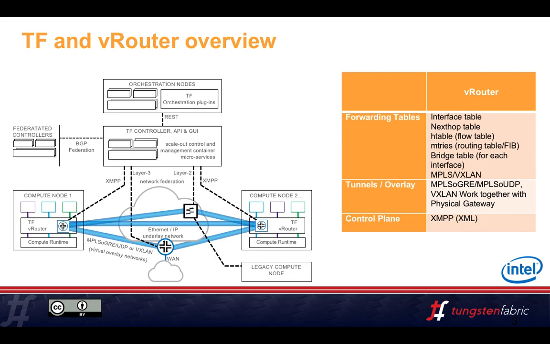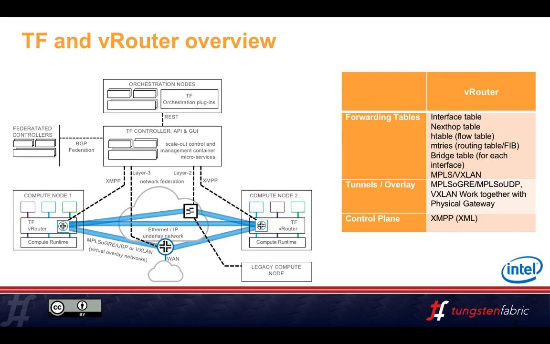So I wanted to give an overview of the Tungsten Fabric stack and specifically the vRouter. Although I think pretty much everybody in this room is already familiar with that, I want to go through the motions because there might be a few who are not.